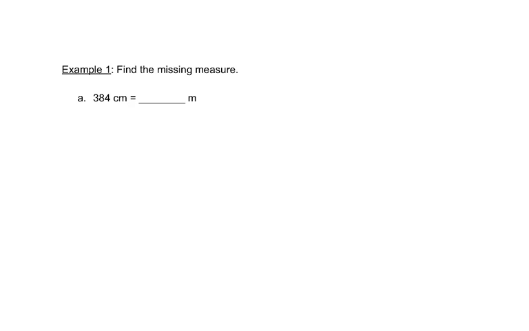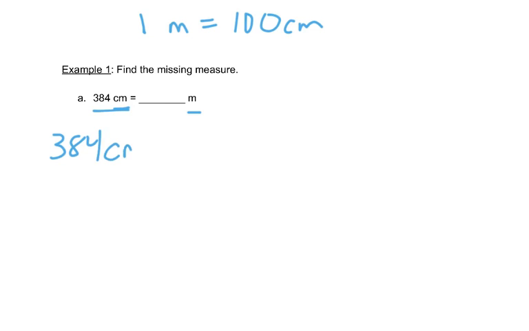So here we're going to do the same exact thing we were doing. On the bottom of page 39 is the metric information. And so we're looking at centimeters and meters, and it tells us in the second line down on the left-hand side that a meter is equal to 100 centimeters. So we'll start by writing this 384 centimeters over 1.